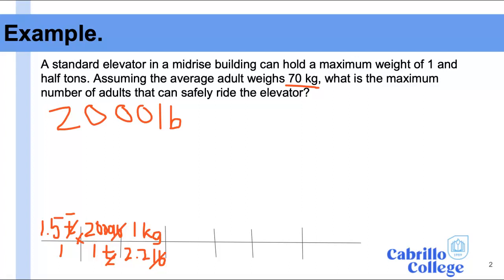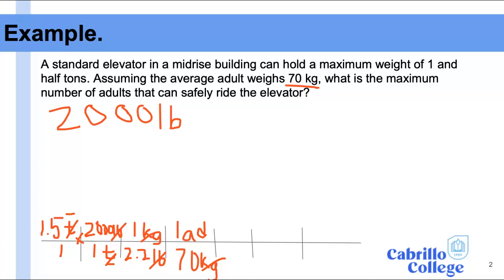And as it says here, one adult weighs 70 pounds, 70 kilograms, sorry. And just like that, we can cross out the kilograms and we have an answer in terms of adults.